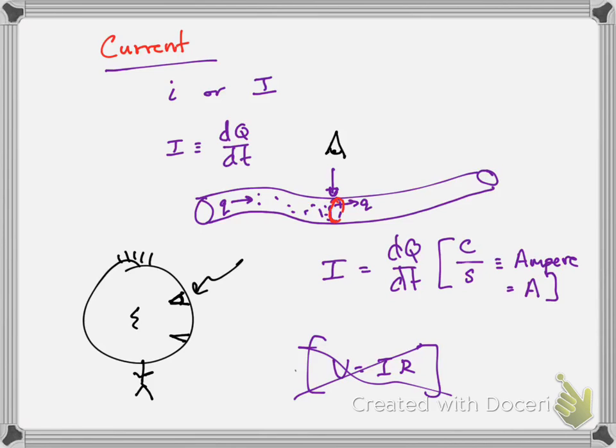We can take the definition of current and rewrite it. So since I is equal to dq dt, and that's, again, the amount of total charge that passes through a certain plane in a certain amount of time, in a certain cross-section in an area in a certain amount of time, we can rewrite that as dq equals I dt.